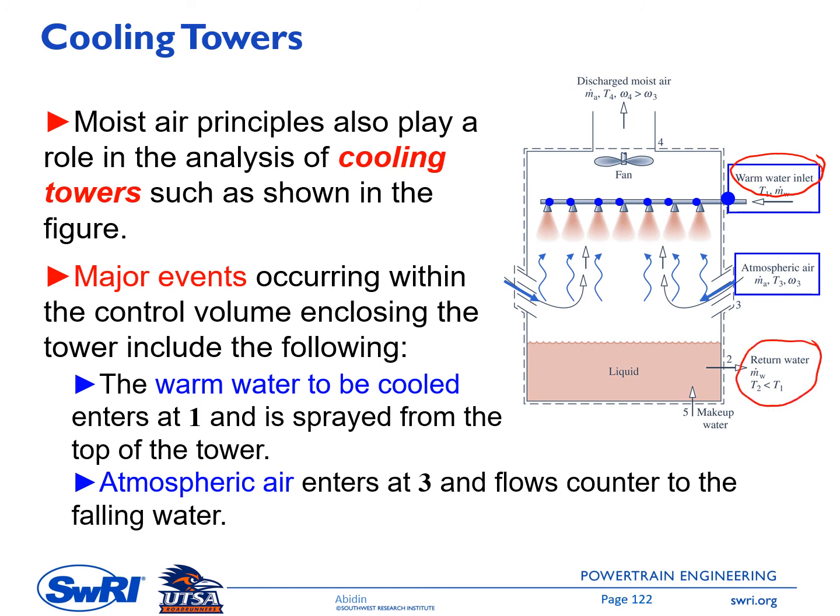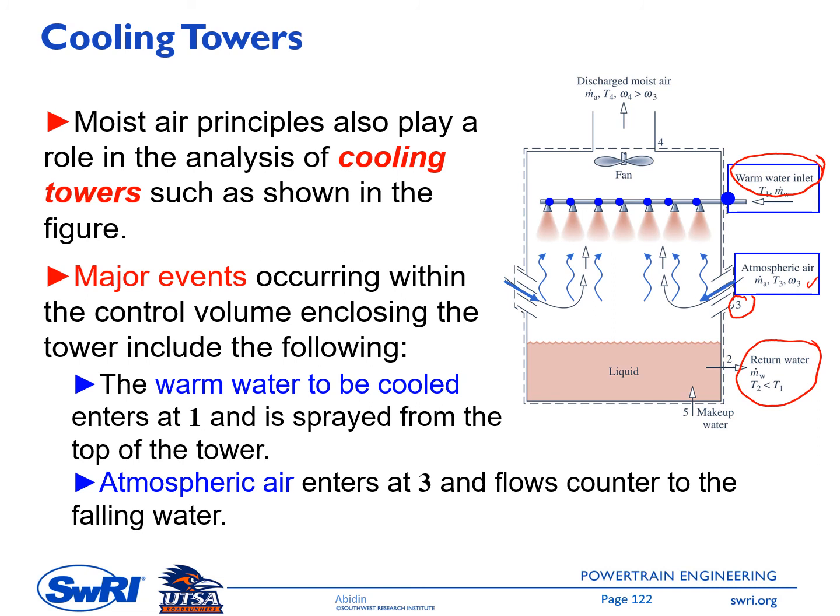Atmospheric air enters at inlet number 3 here, and then flows counter to the falling water. The condition is also given: we have m dot A, T3, and omega 3.